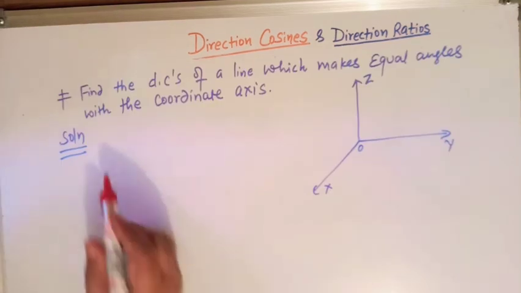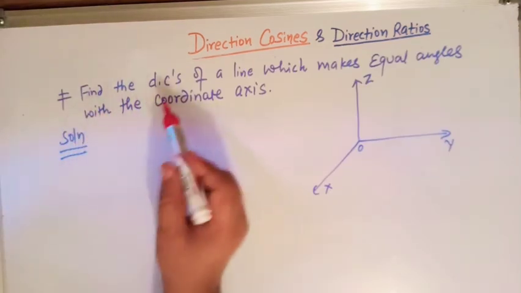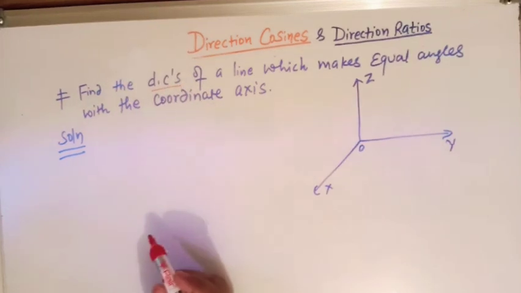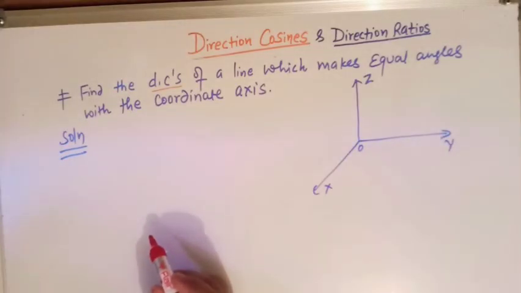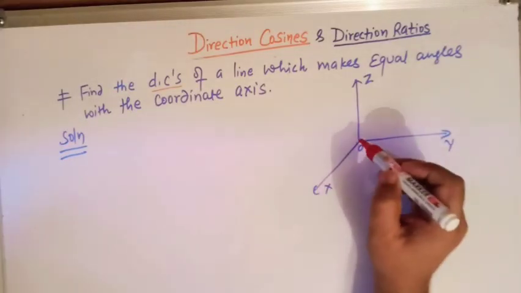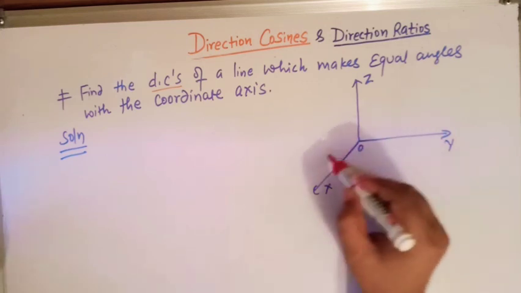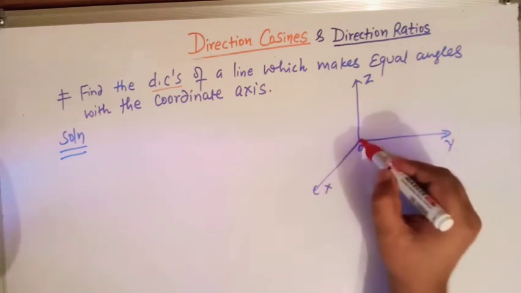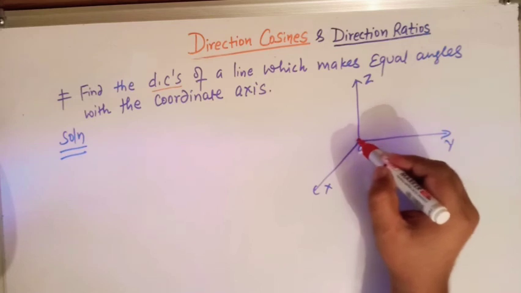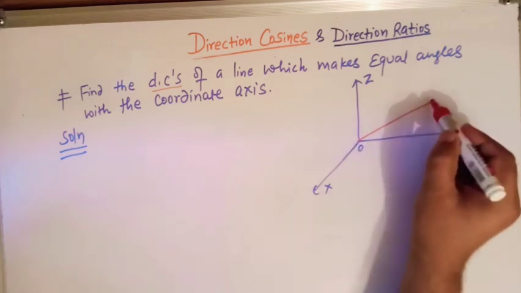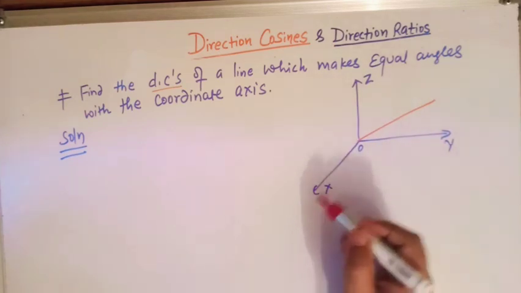Now viewers, let us take this important problem. Find the direction cosines of a line which makes equal angles with the coordinate axis, right? So let us take a line, say this line passes through the origin, suppose this is the line, right?